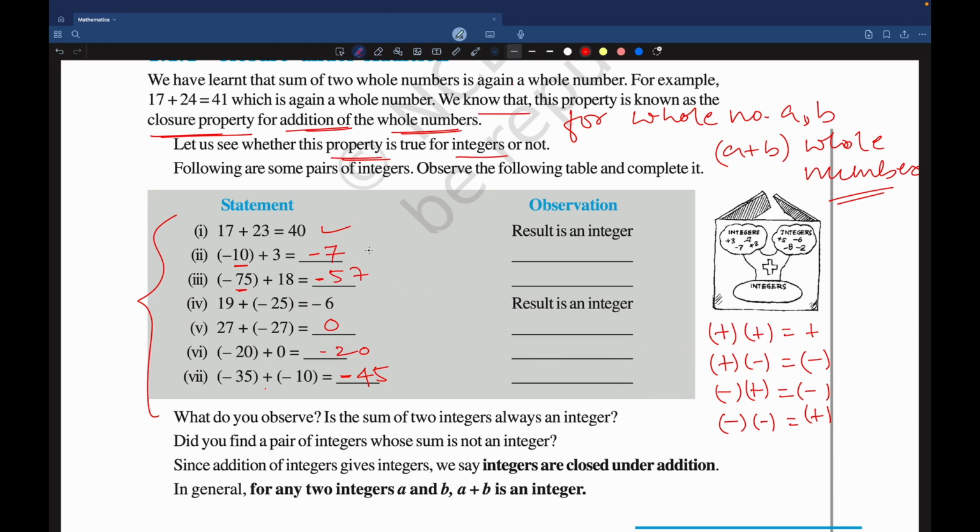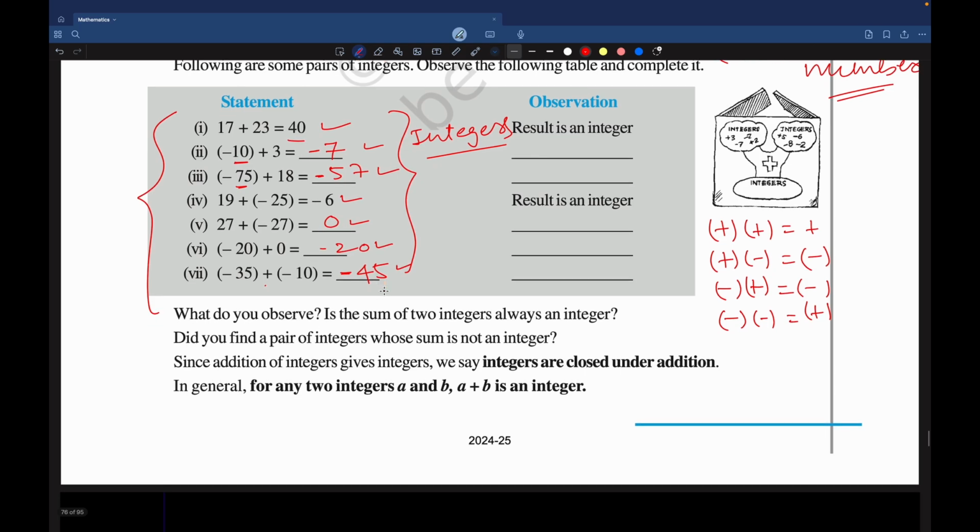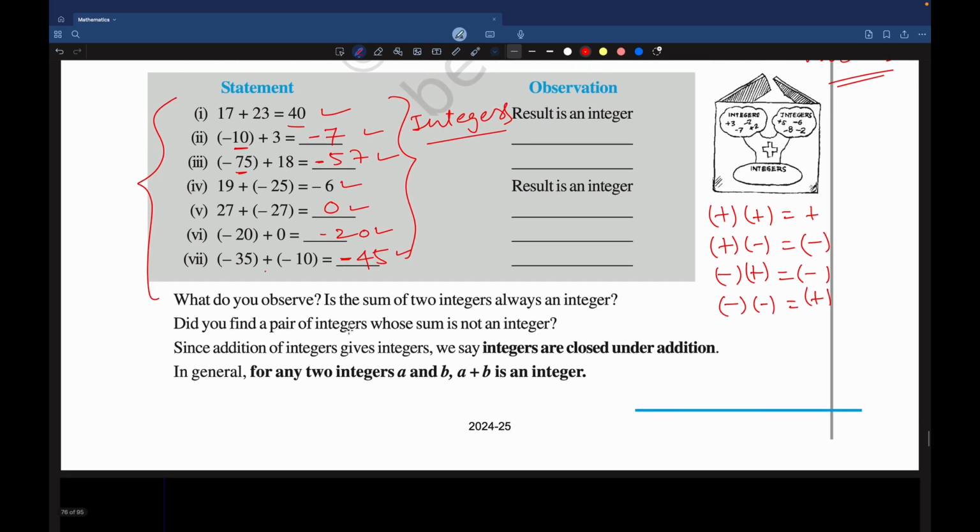So all the answers that we got, that is 40, minus 7, minus 57, minus 6, 0, minus 20, minus 45, all are integers. That means there is no fraction, no rational, irrational number. So we can say that the addition of integer gives integer, hence the integers are closed under addition.